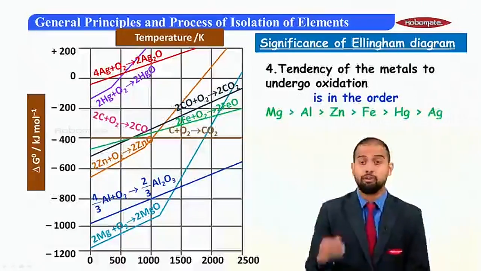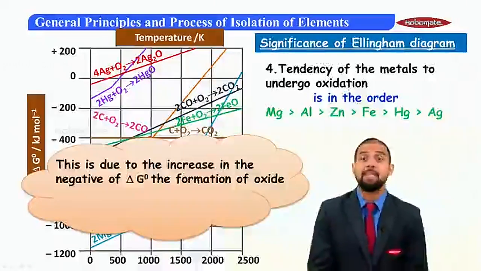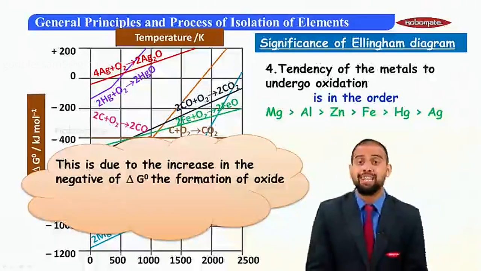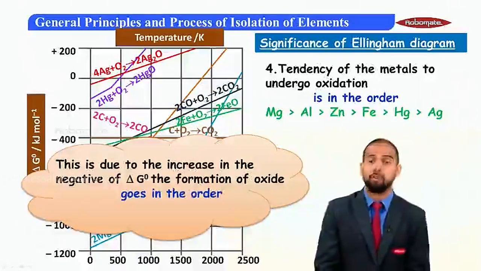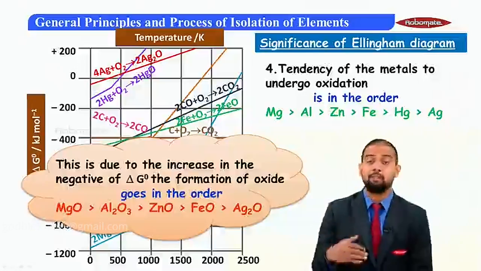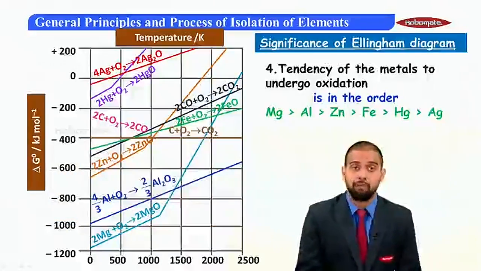That is, it goes from the bottom to the top. Now the next question is, why is this order maintained? That is because the negative value of delta G naught for the formation of oxide decreases in the same order, from the bottom to the top. Well, these are some of the significance of the Ellingham diagram.